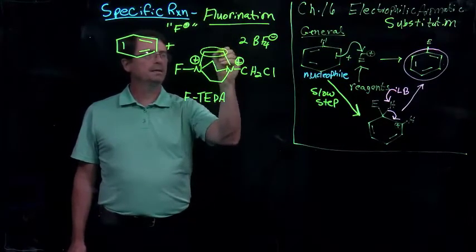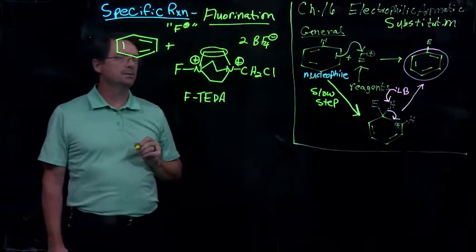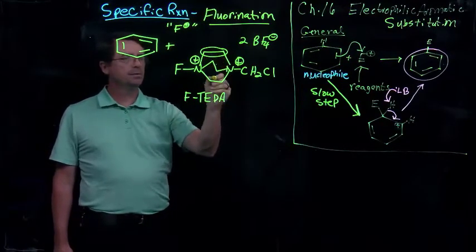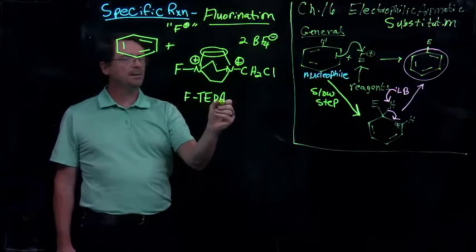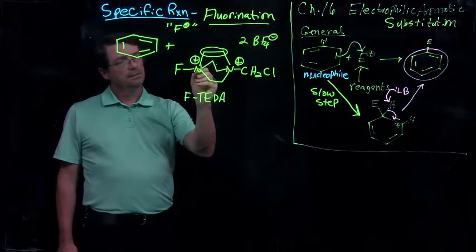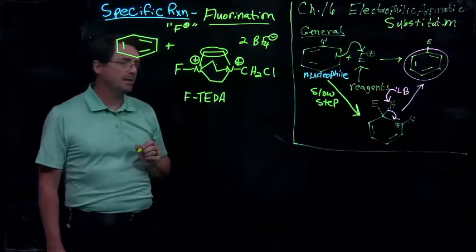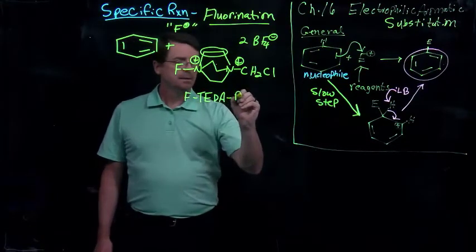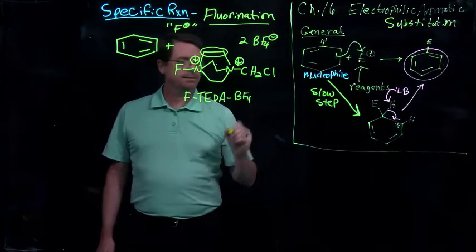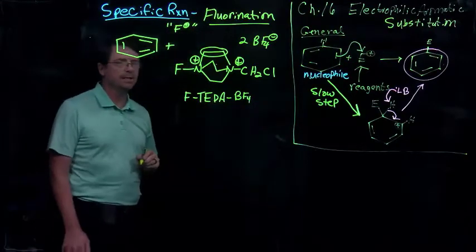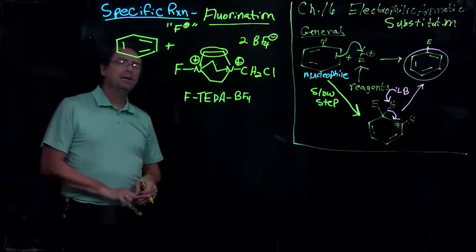Ethylene, there's ethylene, CH2CH2, three of them, 1, 2, 3, triethylene diamine. Nitrogen and nitrogen is actually a diammonium, triethylene diammonium, tetrafluoroborate. Okay, so the abbreviation FTEDA BF4.